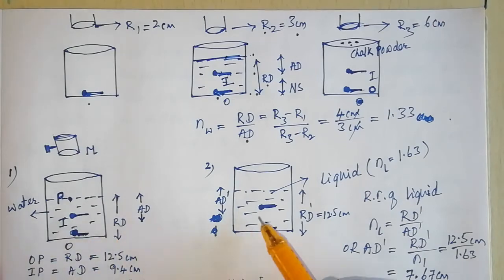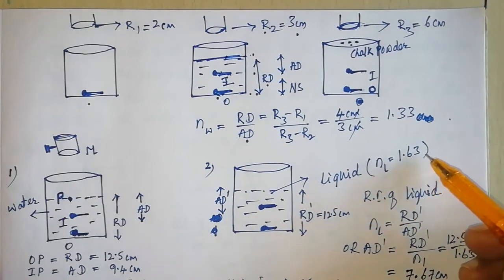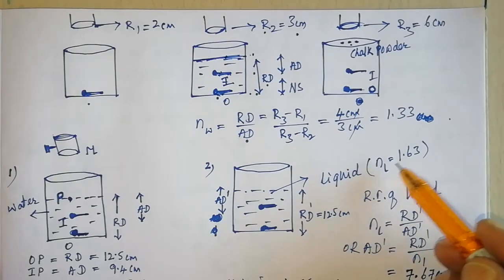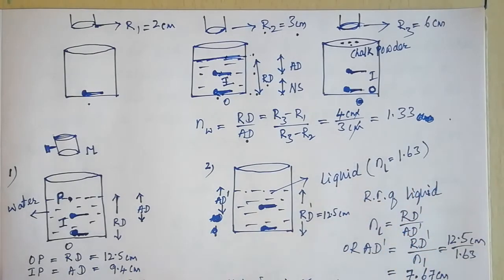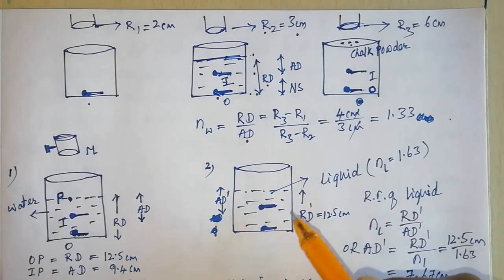When this water is replaced with the given liquid of refractive index 1.63, as the refractive index increases, the apparent depth decreases. So here the apparent depth in the case of the liquid is less than the apparent depth in the case of the vessel filled with water.